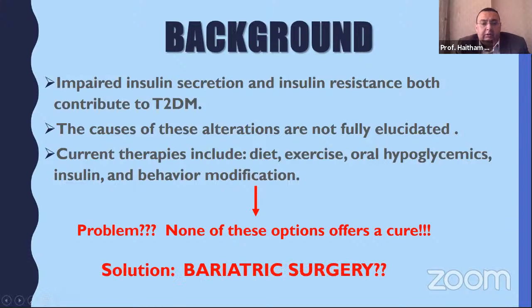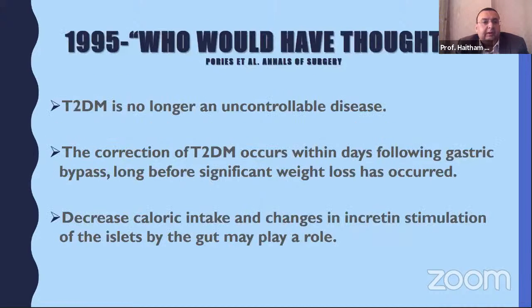So what is the solution for this? In the search for the solution, the surgical society provided one. In 1995, Dr. Walter Pories published his paper stating that after studying about 400 patients who underwent Roux-en-Y gastric bypass, he found that type 2 diabetes is no longer an uncontrollable disease.